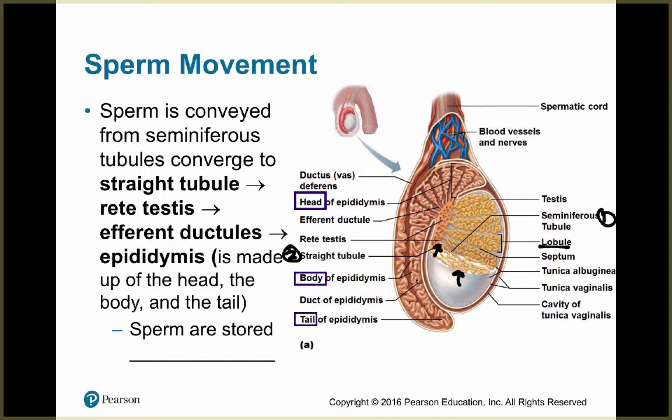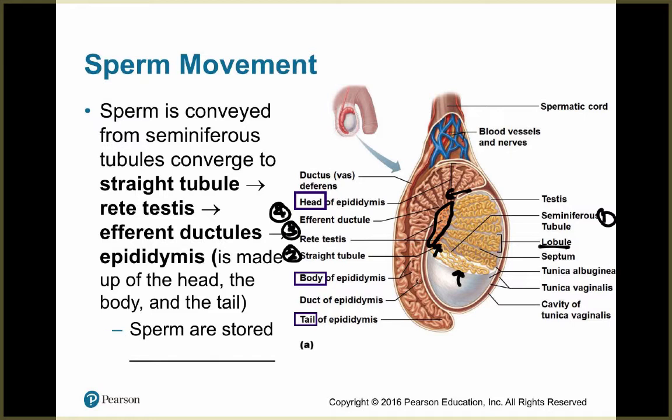Those very small things are going to connect to this larger unit here, which is called the rete testis, which is where it goes next. From here, it's going to go into these other straight lines called the efferent ductules. And then the last thing it's going to do is go through the epididymis.